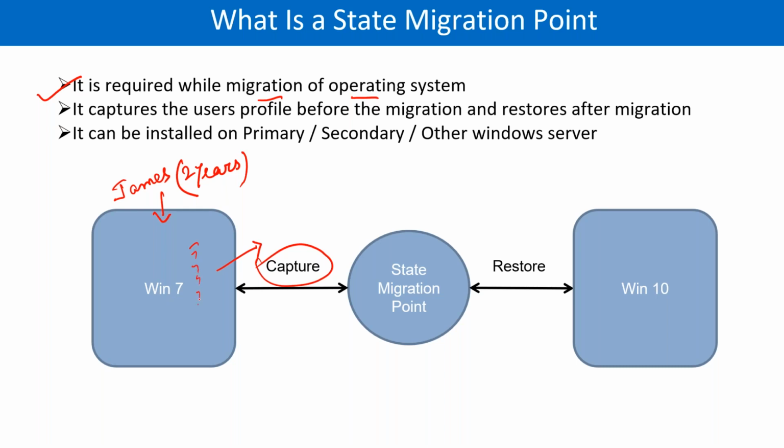Whatever data we had here will be captured in that location, and then we will restore it on the new operating system. So we'll restore the data James had on Windows 7 onto the Windows 10 machine. It captures only the user profile before the migration and restores it after migration.